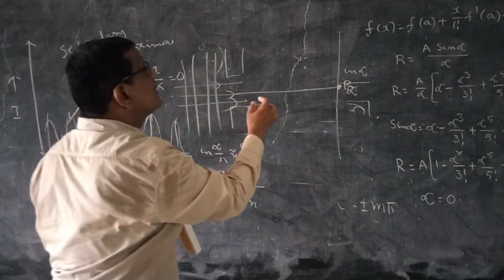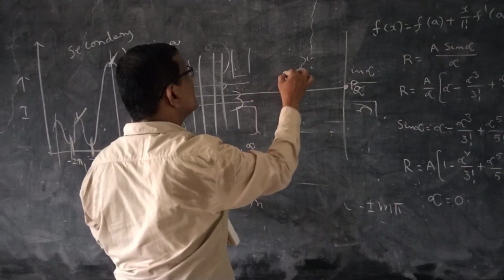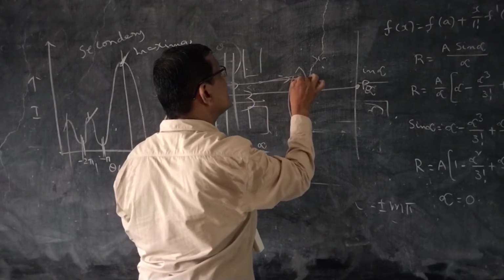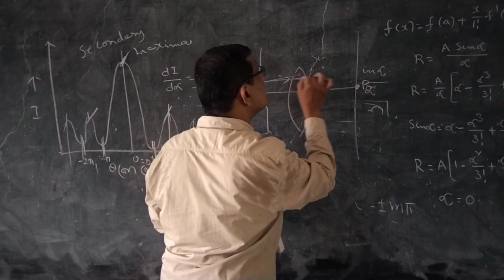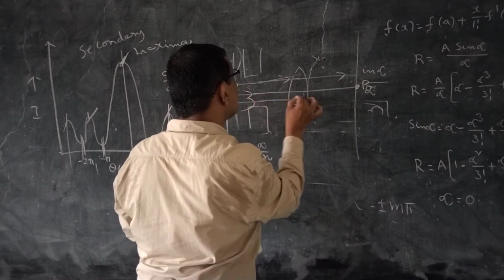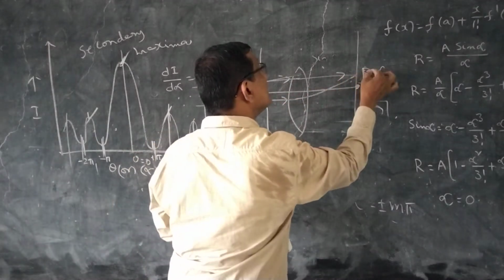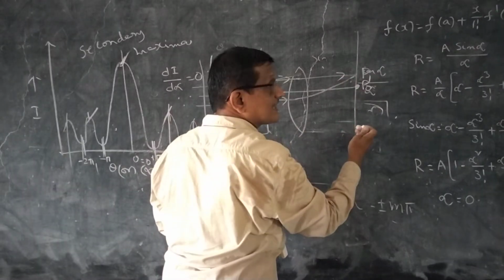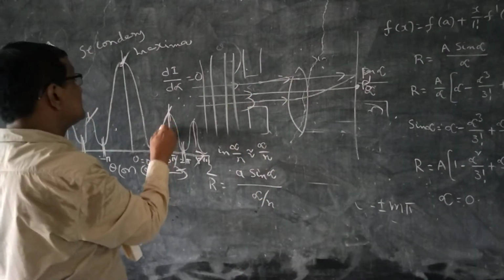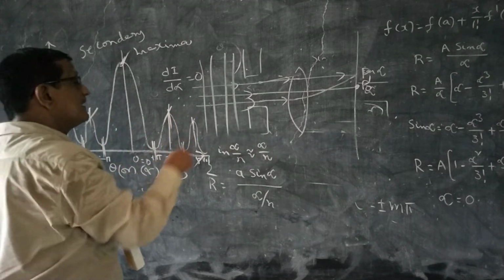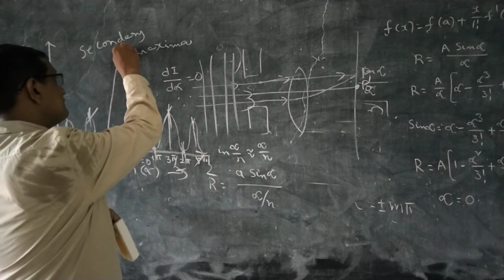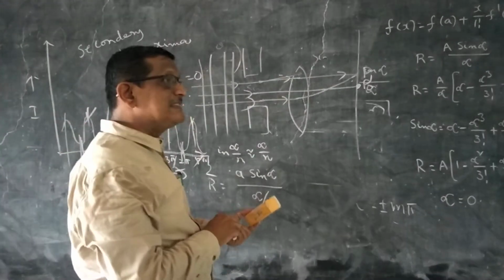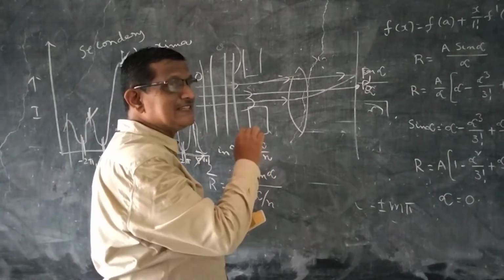A convex lens is placed here. Because of diffraction there is a bending at some other point, and you get P1 on the upper side of the y-axis and the lower side of the y-axis. Here also are secondary maxima, and this is the primary or principal maximum. In this way we are explaining the aspect of a single slit.